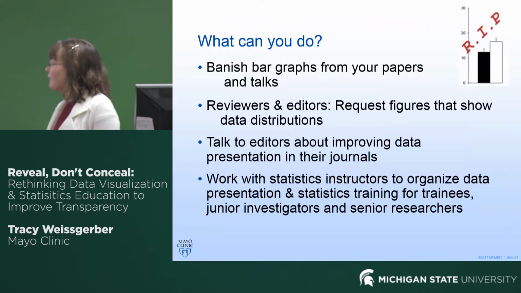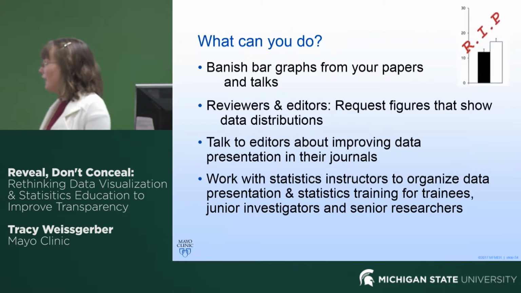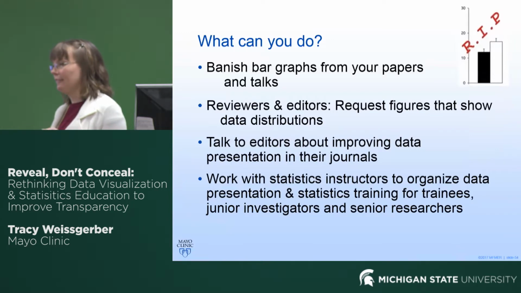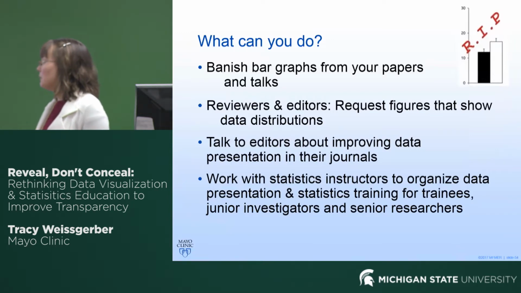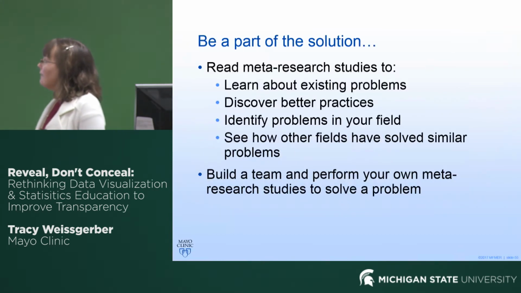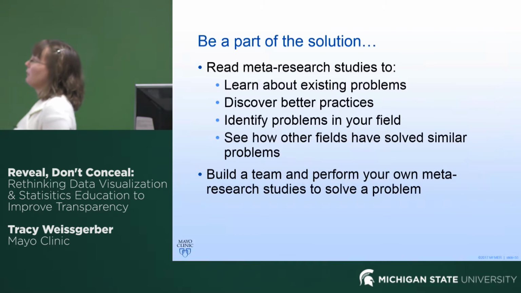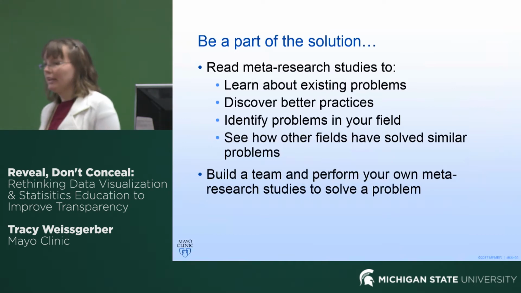And lastly, I think it's important for investigators at any level to be working with statistics and presentation training, and things that would be appropriate not just for trainees, but also for junior investigators as well as senior researchers.